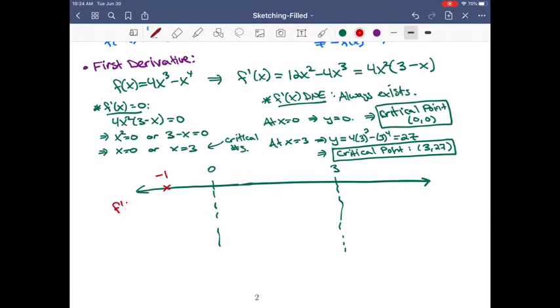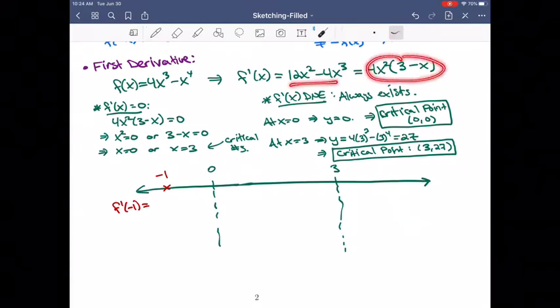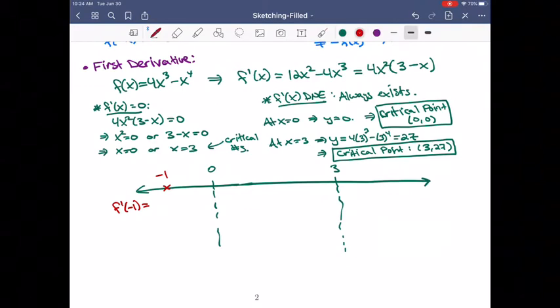So f prime of -1, what does f prime look like? Well, it's 12x squared minus 4x cubed, but here I prefer to use the factored form, so I'm going to use that. So this is going to be 4 times -1 squared times 3 minus -1.